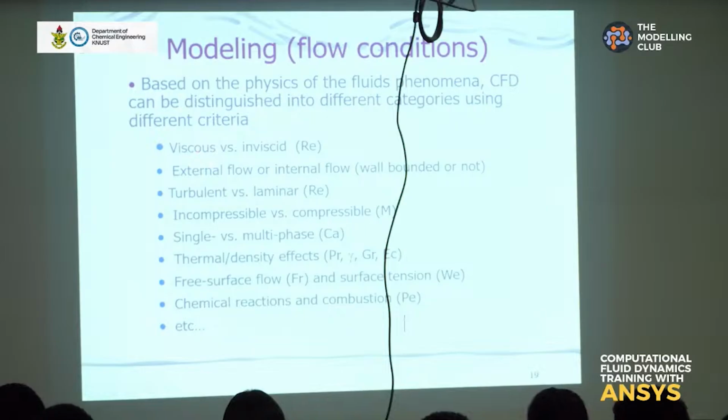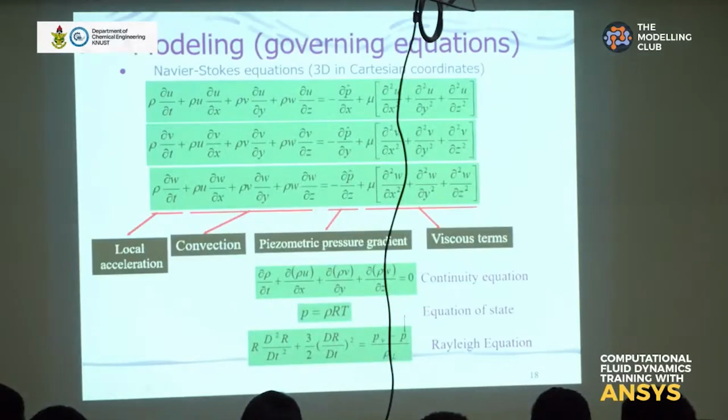First, we have to distinguish between whether we have viscous or inviscid flow. If it's viscous flow, then we have to take into consideration the viscosity in the momentum equation.